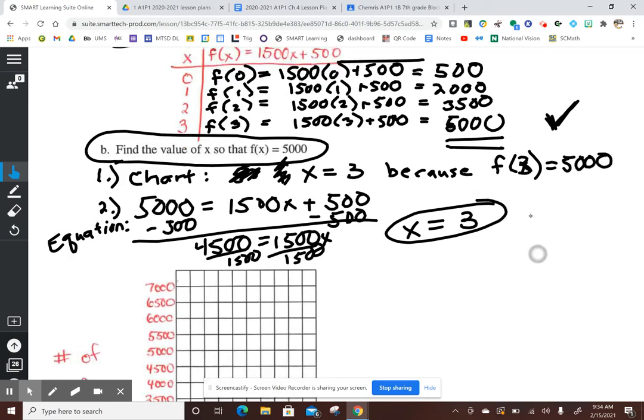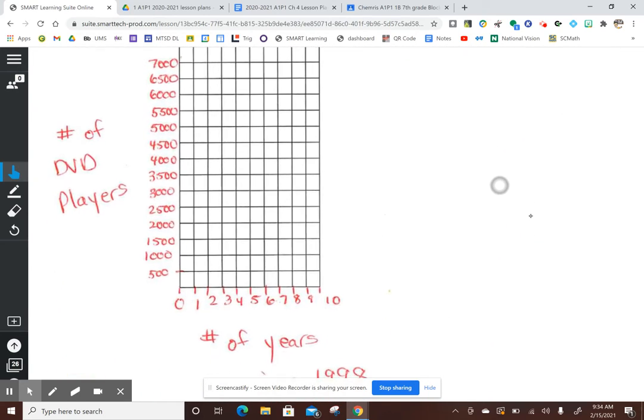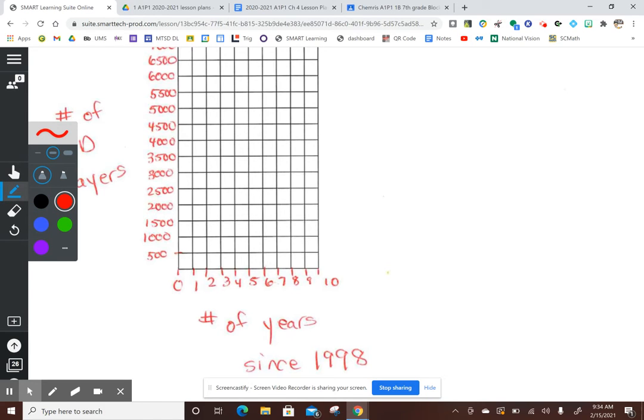So when we graph this, I have it all set up for you. We know years always goes on the x-axis, and so everything else goes on the y. And when I go to graph this, I have when x is 0, y is 500. You can look at your paper because you can't see the chart here.